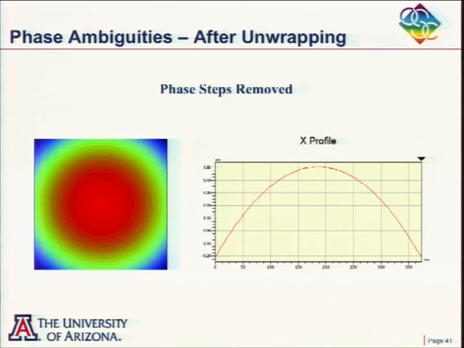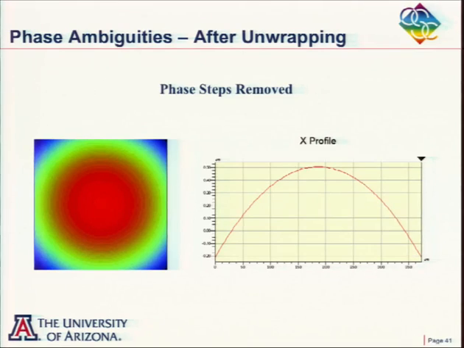And you do the unwrapping on the high modulation points first. And then you work your way down. And only at the end do you do the unwrapping on the low modulation points. And that seems to reduce the errors that you get.